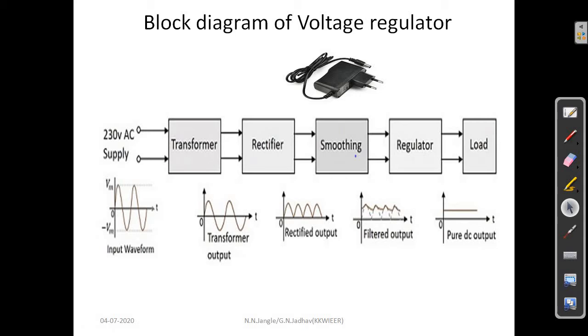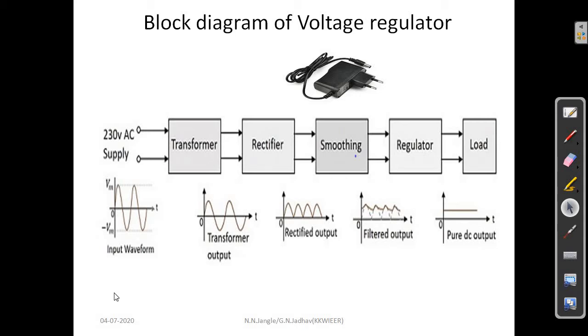To reduce the AC component from the rectifier output voltage, a filter circuit is required. Thus, a filter is a device which passes the DC component to the load and blocks the AC component of the rectifier output. A filter is typically constructed from reactive circuit elements such as capacitors and inductors with resistors.